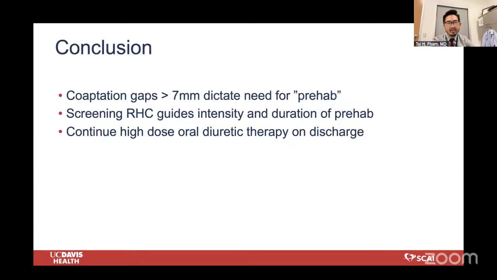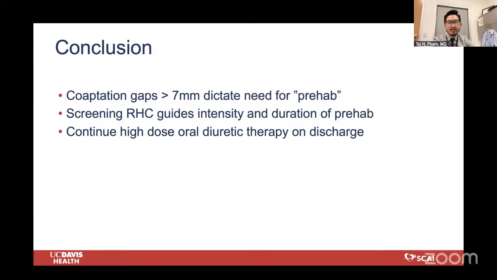So to conclude, this case illustrates the importance of prehabilitation, especially for patients with very large coaptation gaps. The screening right heart cath is essential, and it helps dictate how intense and how long you should be prehabbing a patient, whether you're planning to bring them in 3 days prior, 5 days prior, or even a week before the procedure.